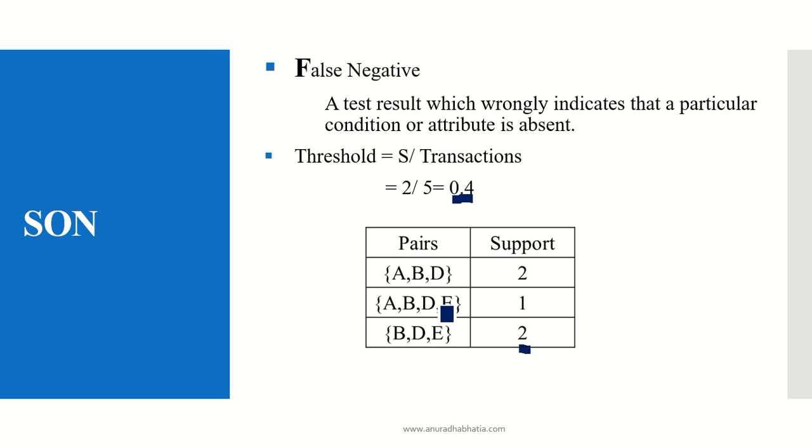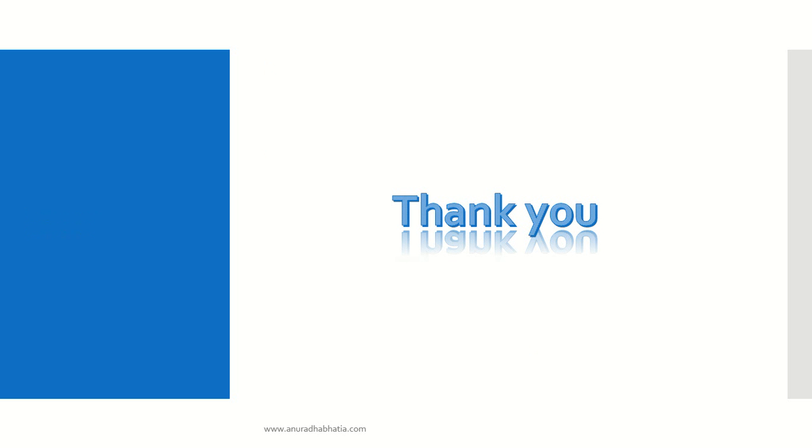So these are not absent, these are actually present. With SON, because the support comes to 0.4, we can say that even though their supports are 2, 1 and 2, they are actually existing. So it proves that false negatives can be easily avoided using SON. Thank you.